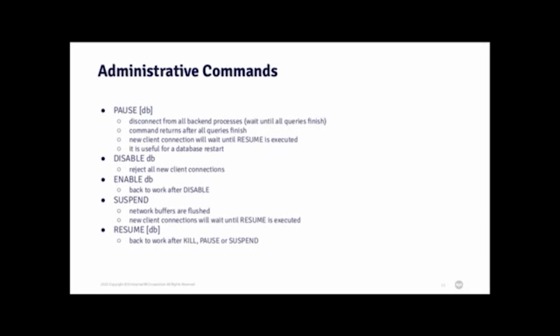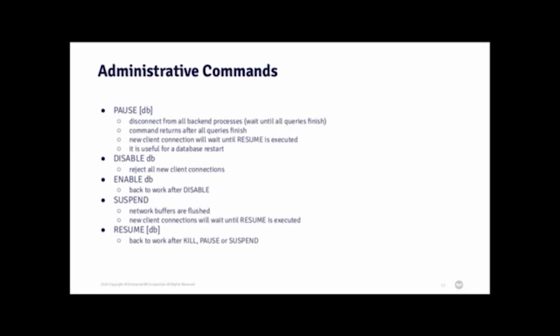So when I'm dealing with PgBouncer, I need a way to execute some commands to handle some cases. So we have admin commands to handle certain tasks. For example, PgBouncer provides a pause command.